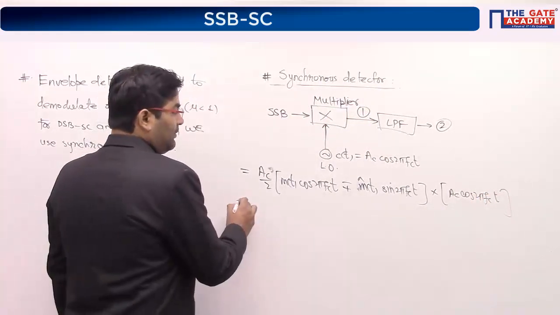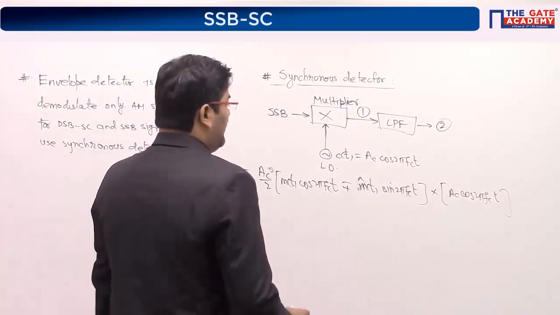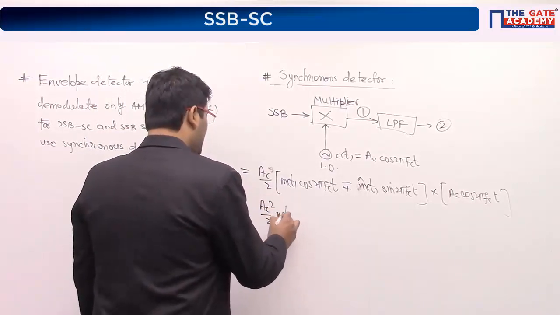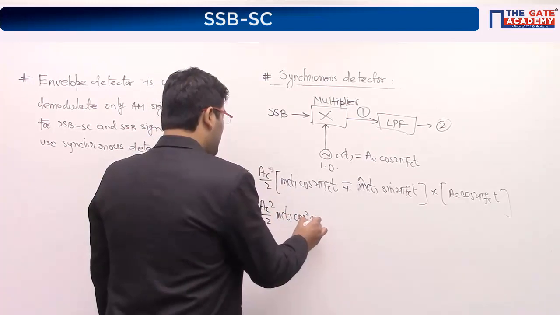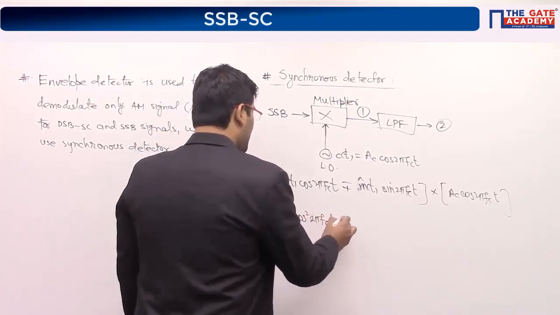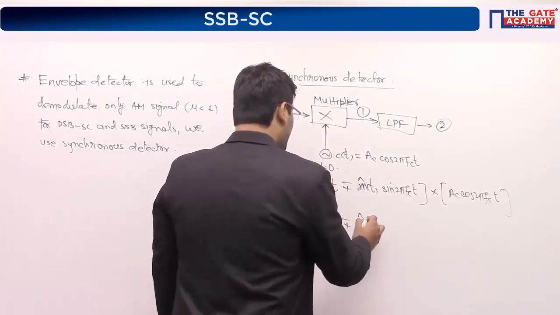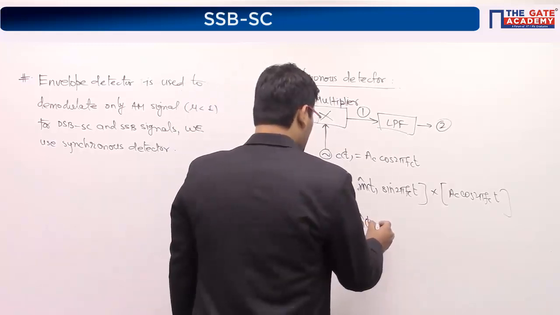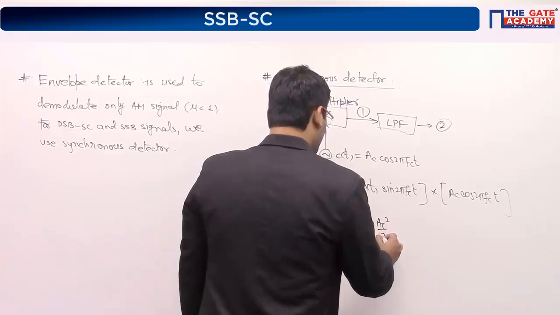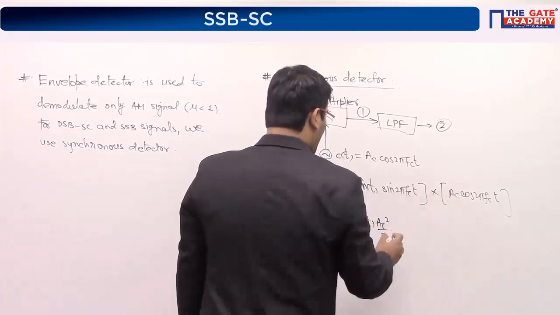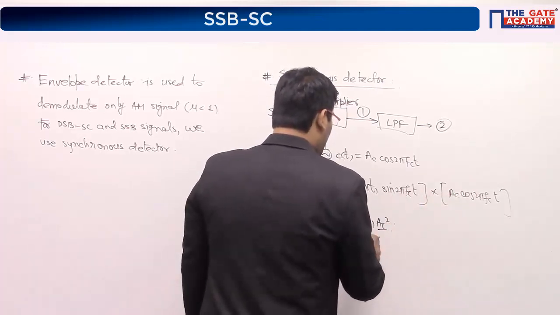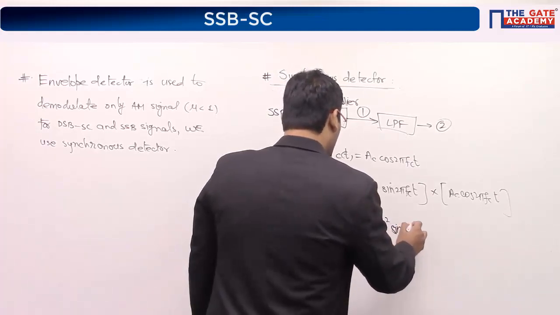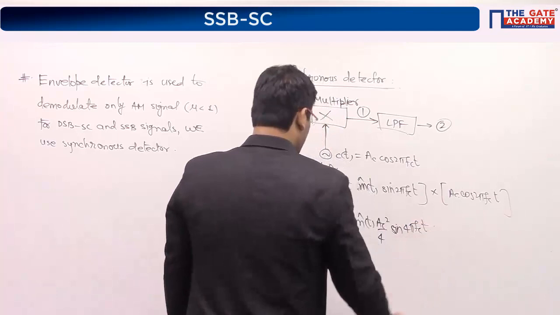So what do we get, guys? We will get Ac square by 2 m(t) cos square 2 pi fc t minus plus m hat(t) Ac square by 2, and you get sine into cos, so multiply by 2, so it will become divided by 2, 4, it will become sin 4 pi fc t.